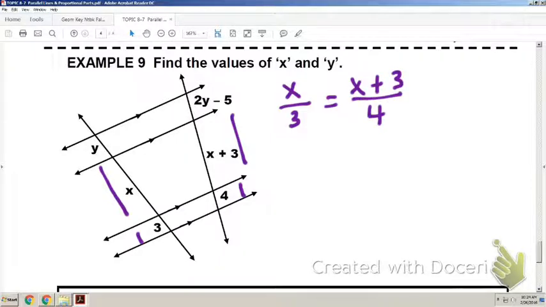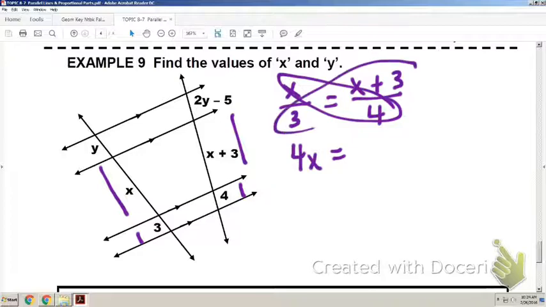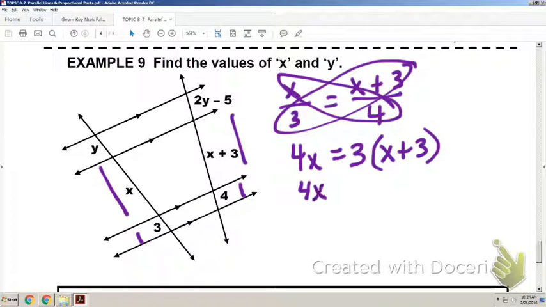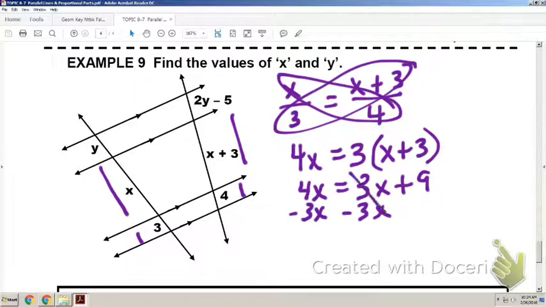So now I'll cross multiply and divide. So I have 4x equals, make sure you distribute here, 3 times x plus 3. So that will give me 4x equals 3x plus 9. Subtract 3x from both sides. So that means x equals 9.